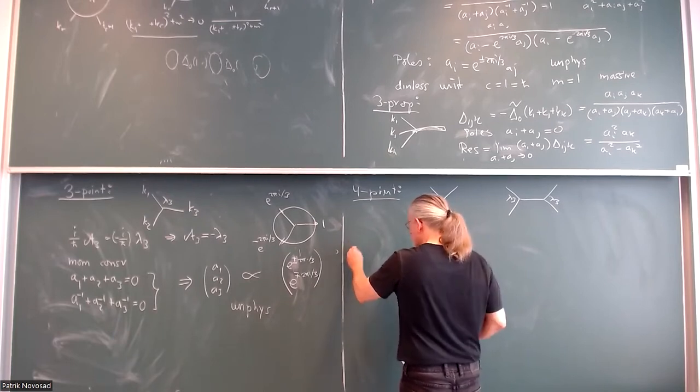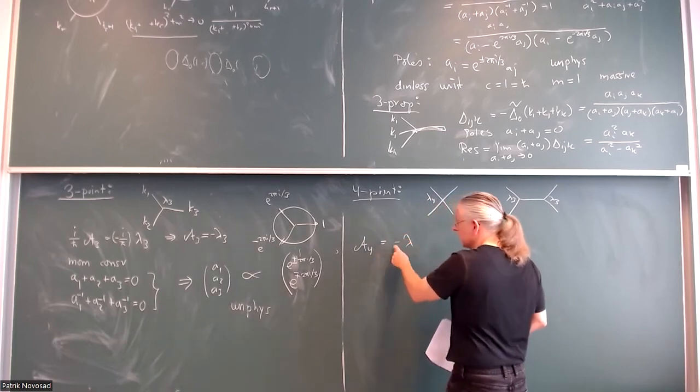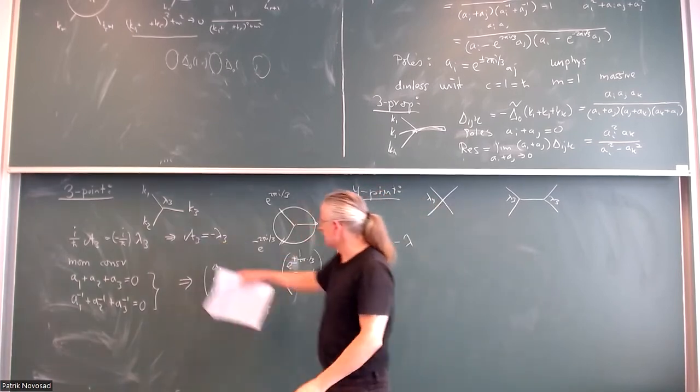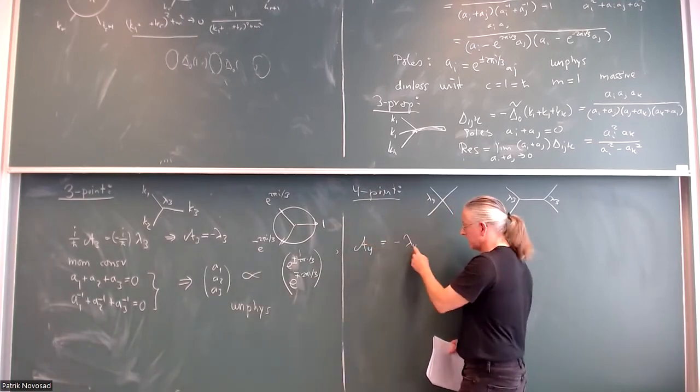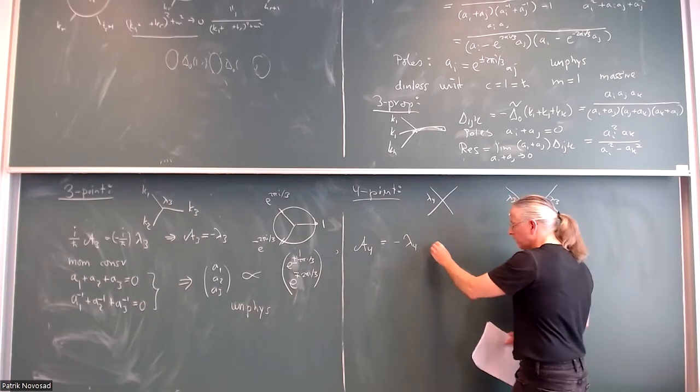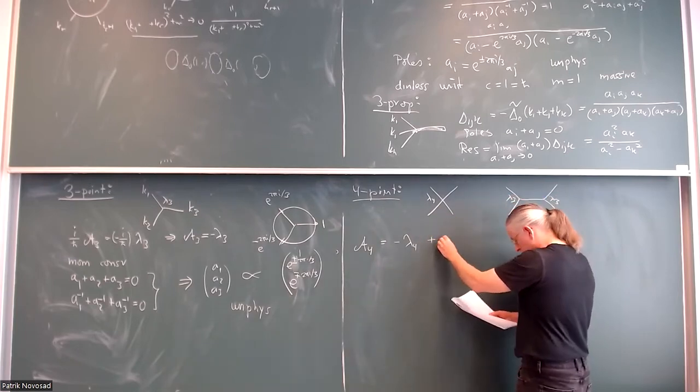So I'm just going to write down A4 is given by. Don't worry so much about the sign conventions, but there is a sign. There's some kind of alternating sign going on. So it's minus lambda 4 plus, that's for that diagram, and then there will be the other diagram.